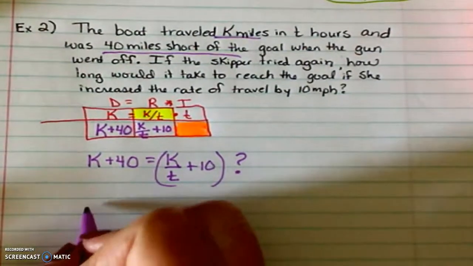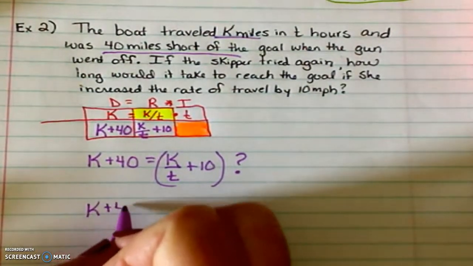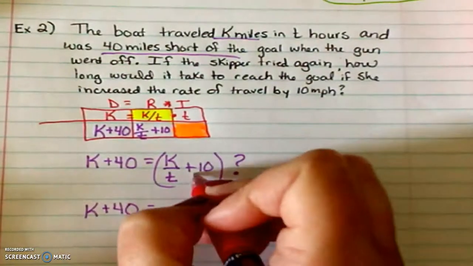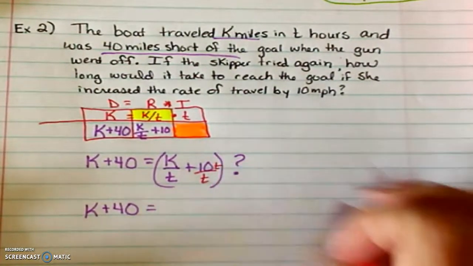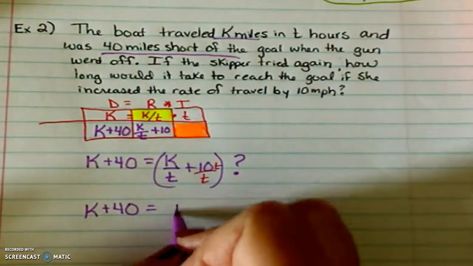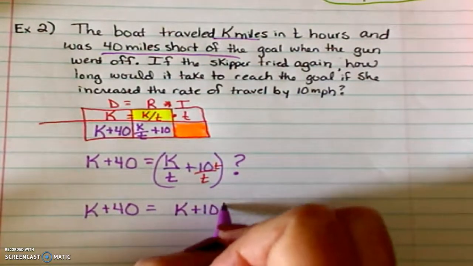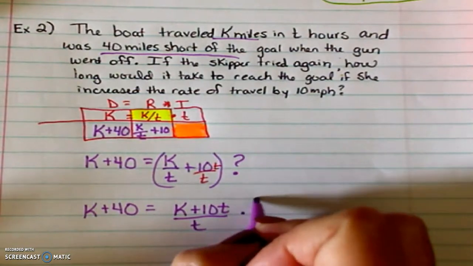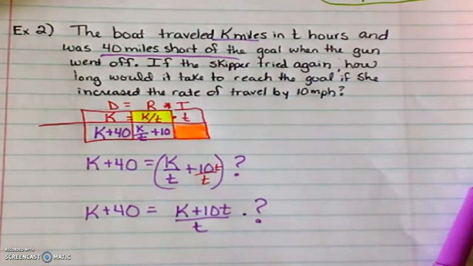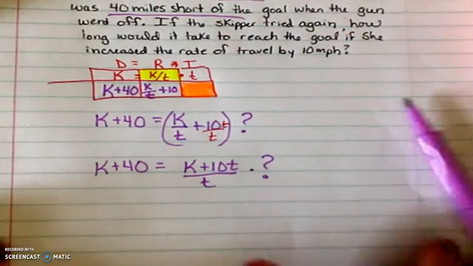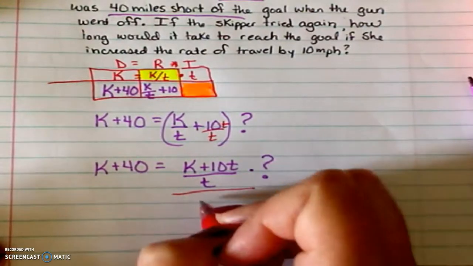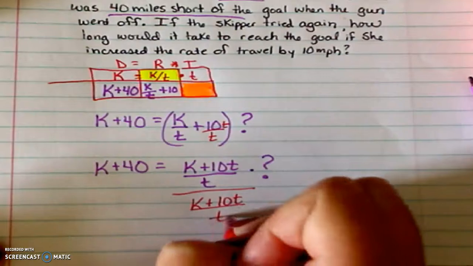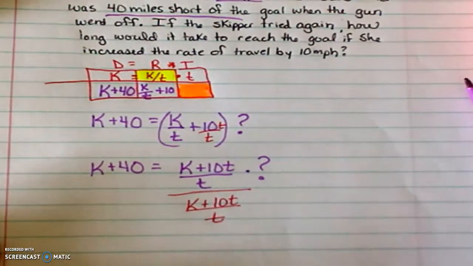So in order to solve, I'm going to simplify the right-hand side of the problem first, and I do that by getting the common denominator of T. So it becomes K plus 10T divided by T times the time that I am looking for. So to solve, I am going to have to divide by K plus 10T over T. But when you divide by that, you flip it and you multiply.